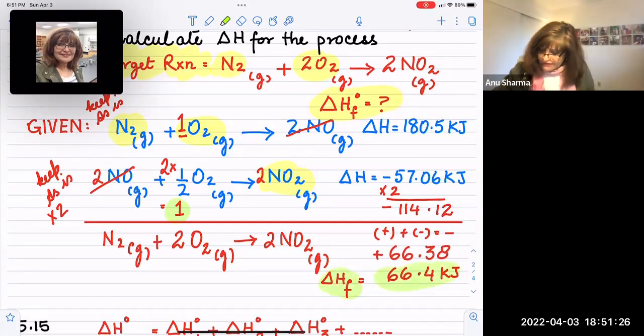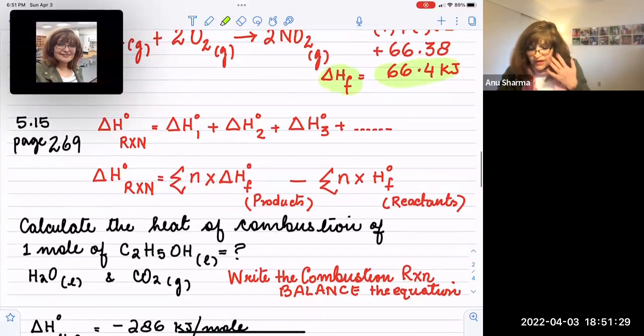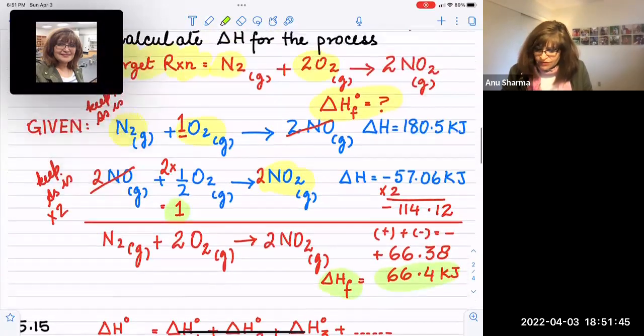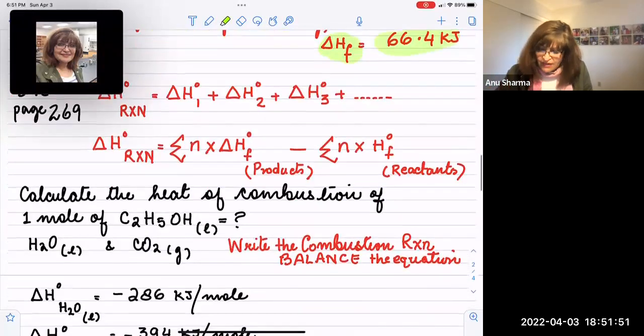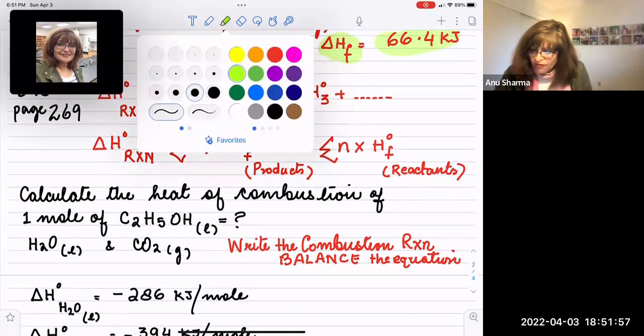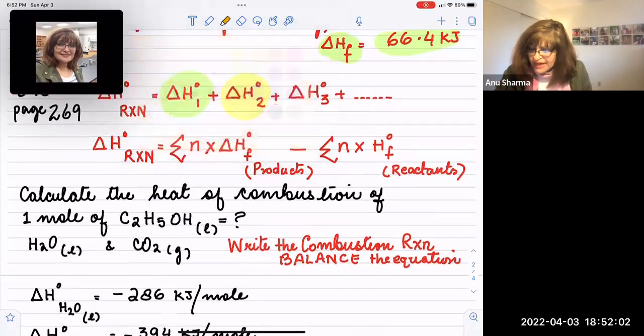All right. Now let's look at 5.15 on page 69. This relates to another way of calculating the delta H for the reaction. One of them is the one you had been doing. If you are just given the delta H value, the enthalpy of one reaction, enthalpy of second reaction, enthalpy of third reaction, and so forth, you add up.